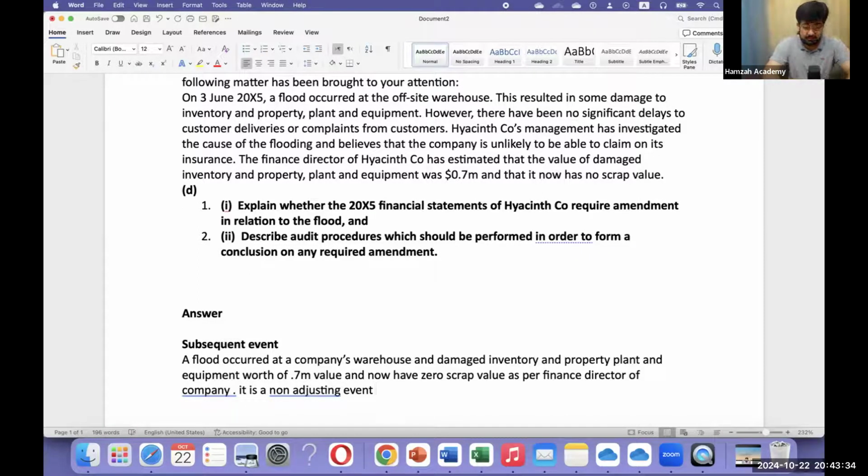It is a non-adjusting event, as it occurred after year end and there was no condition of occurrence before year end.